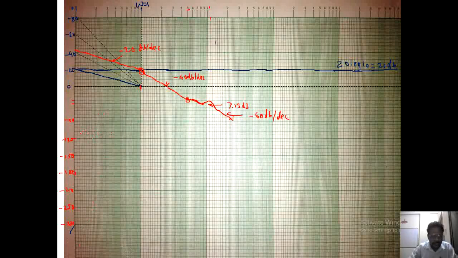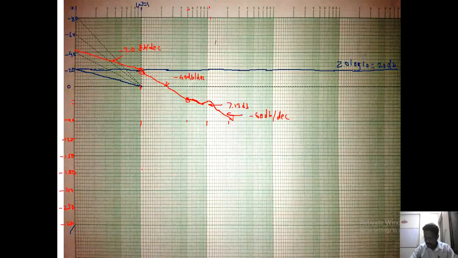We have selected our omega as 0.1, then 1, then 5, then 10, then 20, and so on.